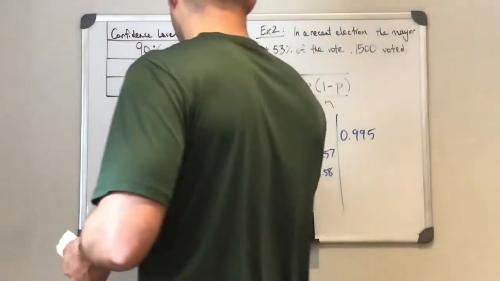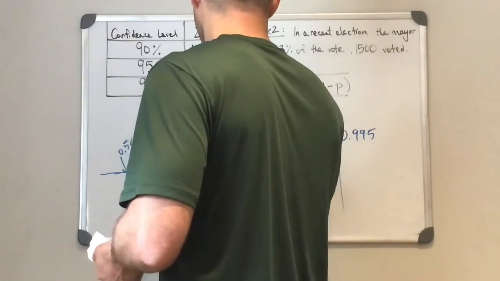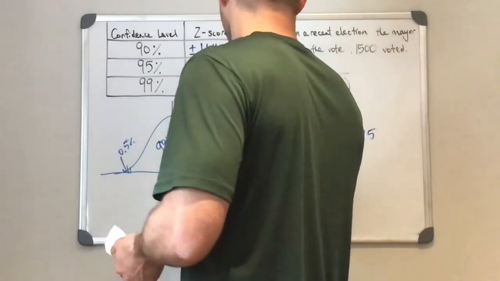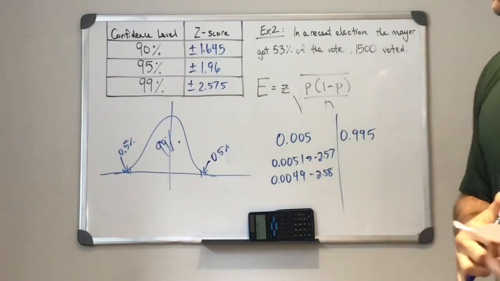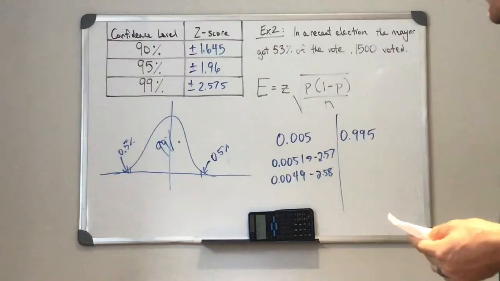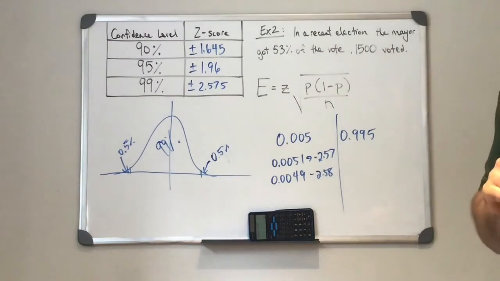So this one we would have plus or minus 2.575. Okay, so I'm adding that extra half in the first and third confidence level here, just to get it in the middle of the two closest values.